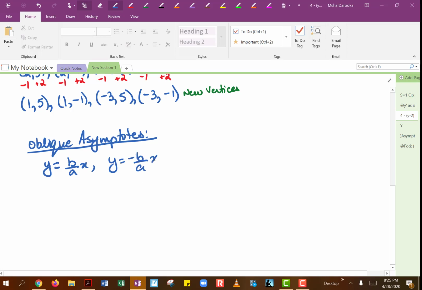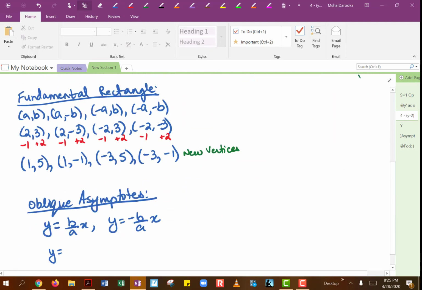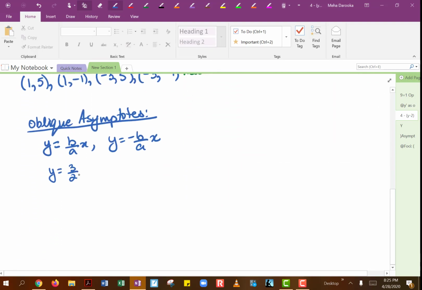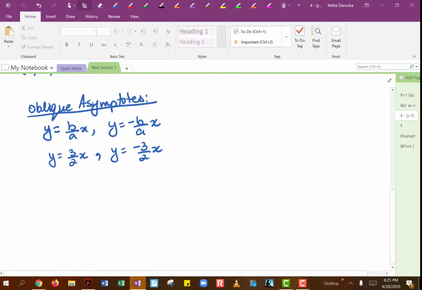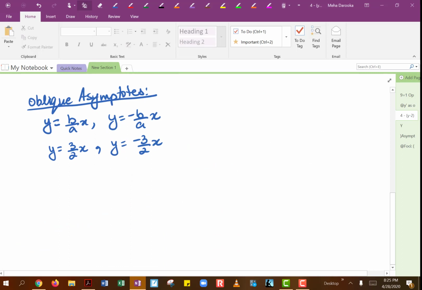In this case we still have our b value as 3 and a as 2. So this would be y equals 3/2 x and y equals negative 3/2 x. But remember, this was when you had the center at (0, 0). But now that our center is moving from (0, 0) to (-1, 2), we are actually going to have to use the point slope form of the equation of a line to come up with our new equations.